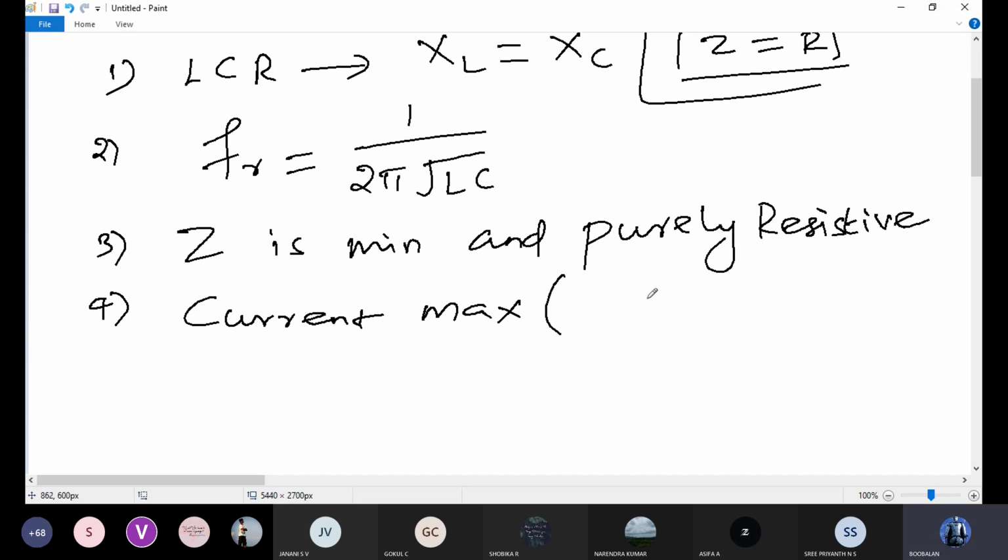So you will get E naught divided by R. So current is the maximum, E naught divided by R. So that is minimum impedance and purely resistive. So in an LCR circuit, XL equal to XC, first condition.